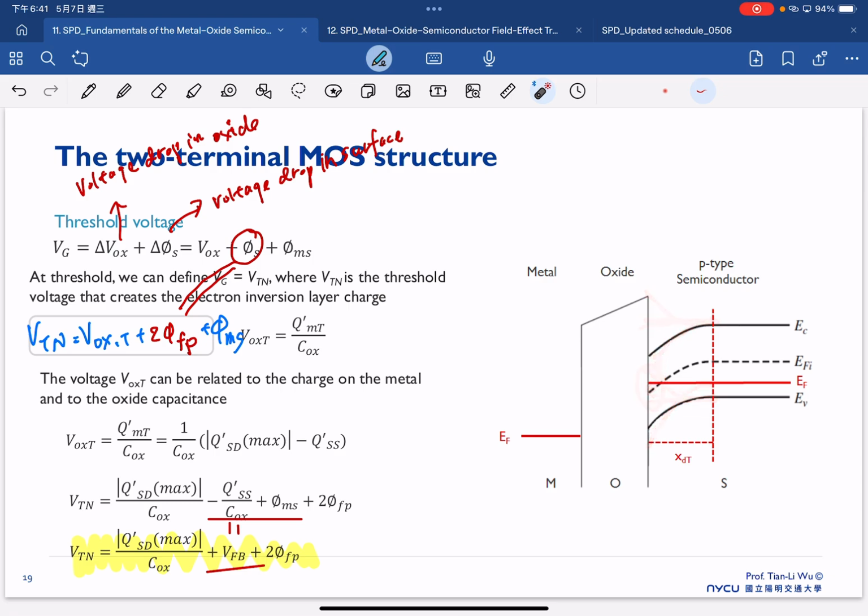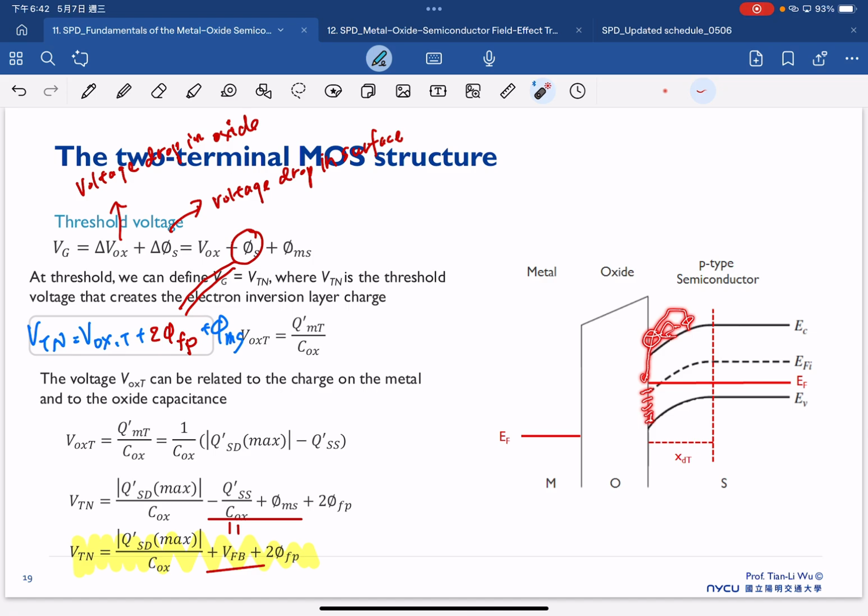Because under the different situations of band bending, this EF will sometimes be below a certain ET, sometimes above. That's also consistent with what we have mentioned: if we have an electron here, then the electron will be able to jump to here and be trapped in this place, because right now our ET is below our EF.